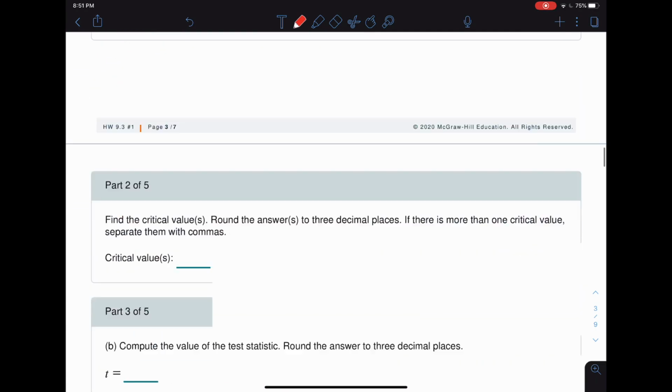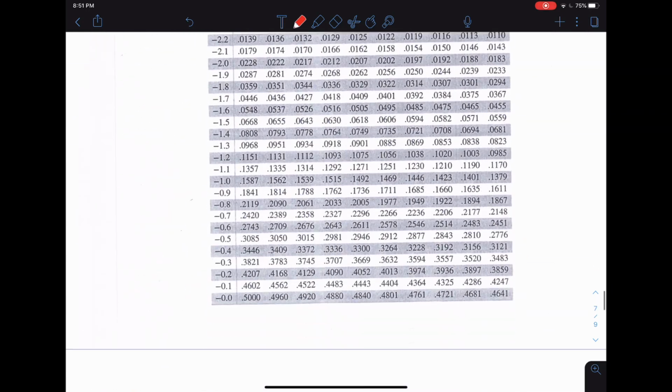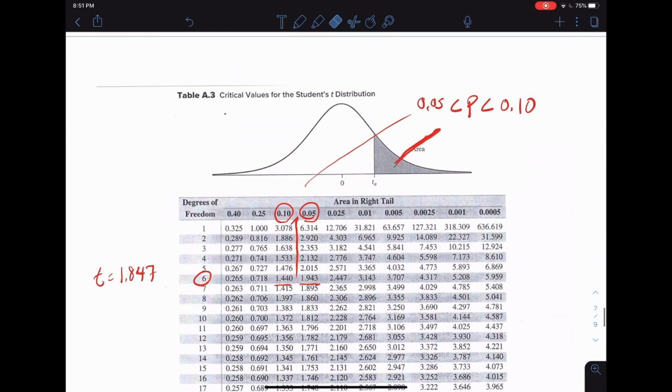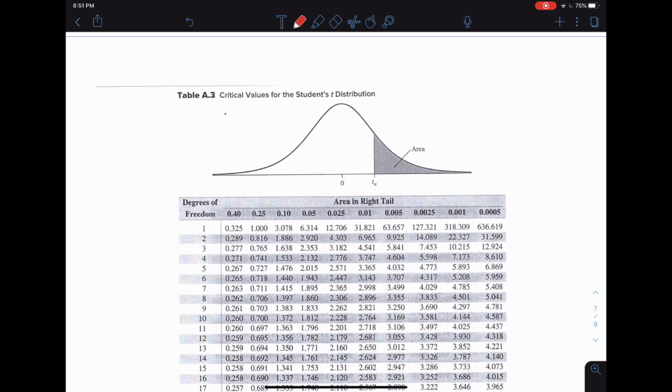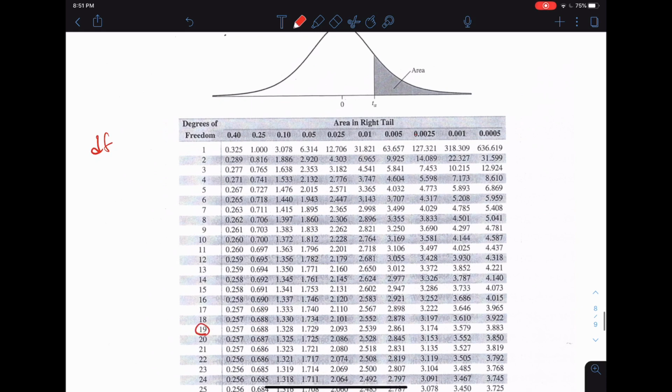Let's go to our chart. I should have put this table closer, so I don't have to go so far. But that's too late now. Okay, let's go back here. We said we have degrees of freedom in this problem. Happens to be 19. Right there. And we also know, look at this, area in right tail. Well, we already know that. The area of the right tail is 0.01, was given to us.